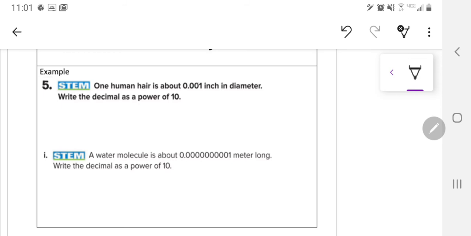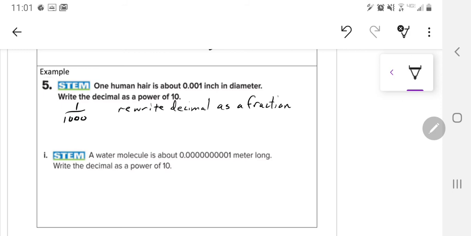So first, we're going to change the decimal to a fraction. We're going to rewrite the decimal as a fraction, and we use the place value to do that. So that's 1,000th.